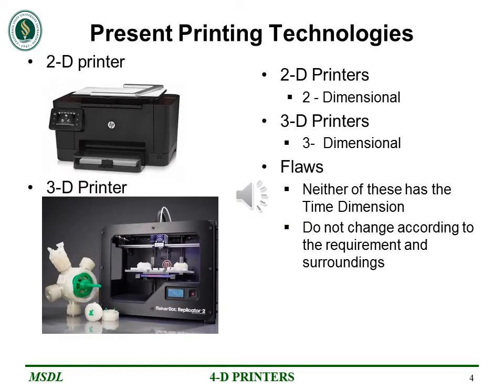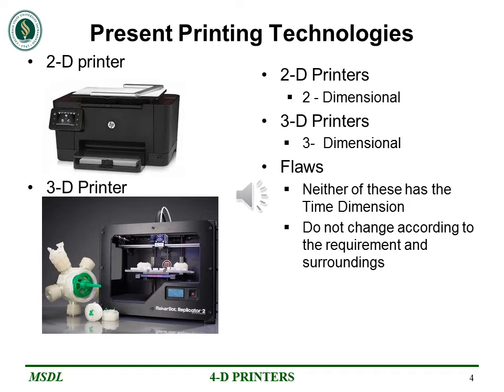Now, moving towards the next slide, its main point of discussion is the present printing technologies. We all know about 2D printers, which have just two dimensions for printing. Also, many of us know about 3D printers, which can create a replica of a three-dimensional object. Even though 3D printing is also a newer technology, many companies around the world are nowadays manufacturing 3D printers.